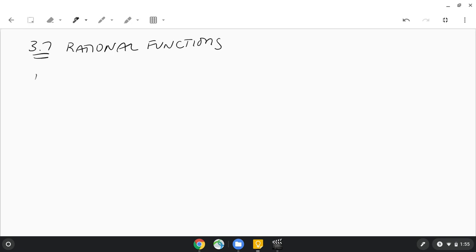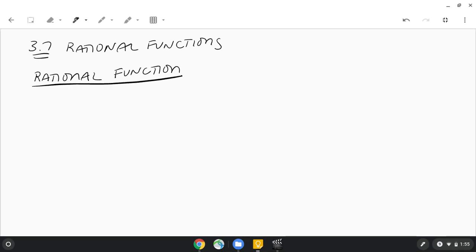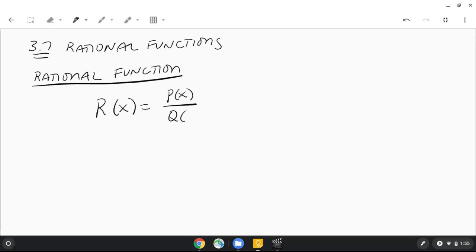Okay, so let's make sure it's clear that we all know what a rational function is, or at least what it looks like. So I'll call it R of x. It has this form where you have one polynomial over another one.